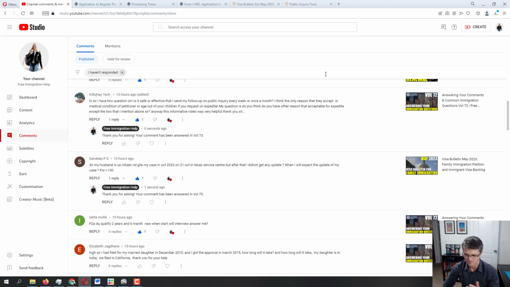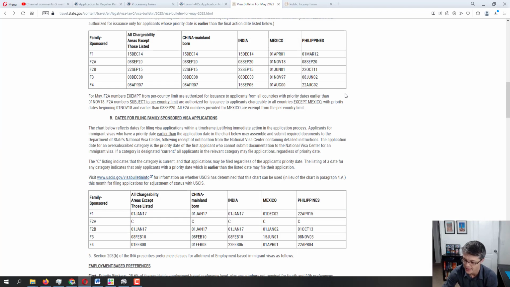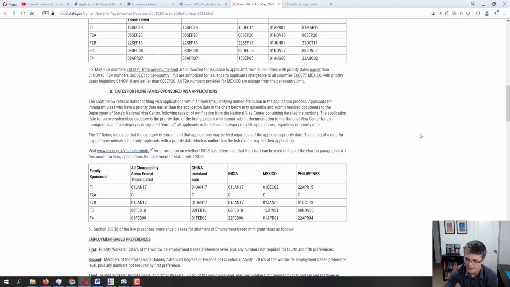So Elizabeth, I'm assuming you are a US citizen filing for your married daughter, so that is category F3, and there is a separate chargeability area for India. So let's take a look. Actually it's the same as all chargeability, so it doesn't matter.